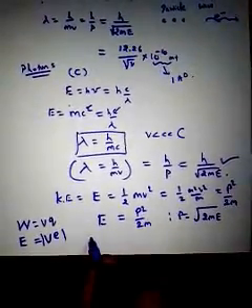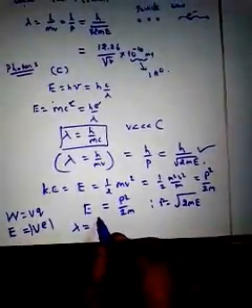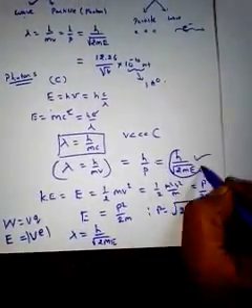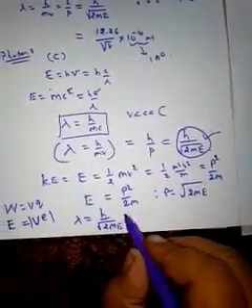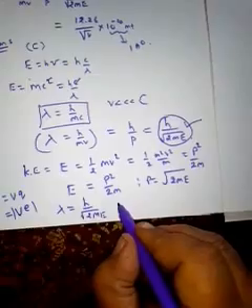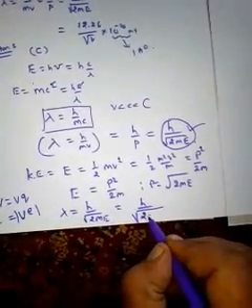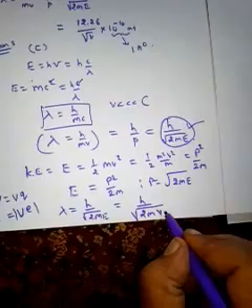We already know that lambda is equal to h by root 2mE. Replacing E by Ve, we get h by root 2mVe.